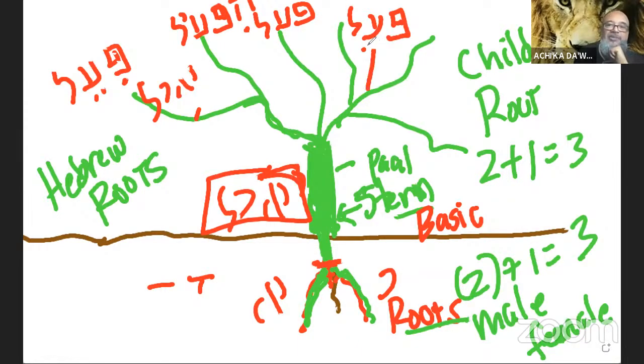Say I want this one to be passive. I just want a simple action, but I want the action done to me by someone else. Well, all I'm going to do is add a nun, put that little dot underneath, put the two dots right here and put that there. It's a nif'al. This one right here is a hitpa'el. This right here is a pi'el. This right here is a pual. That's all it is. You see?